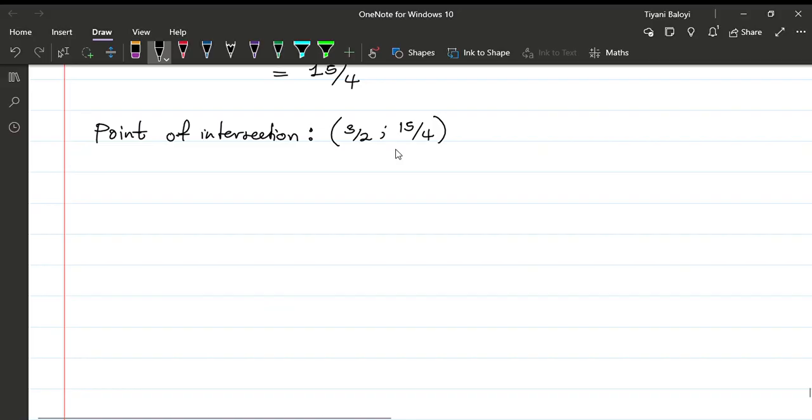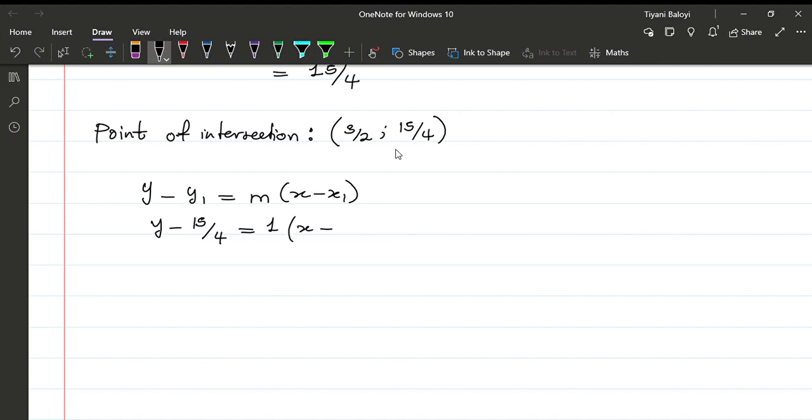So what we can do is we can say y minus y1 is equal to m times x minus x1. This is also an equation that's mostly used in analytical geometry. So it's very important to be well versed in paper 1 and paper 2.